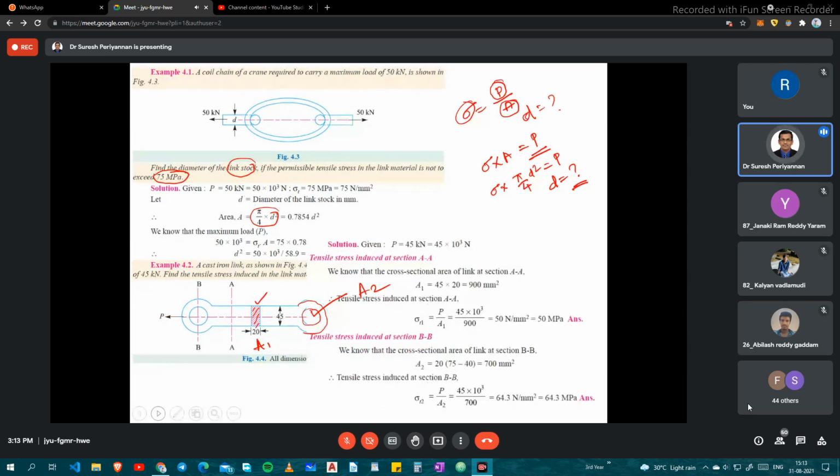Now the stress acting in the region A1, cross section AA, is 50 megapascal. But in the region A2, cross section BB, how much stress is acting here? Now we know the area. This is a projected area.